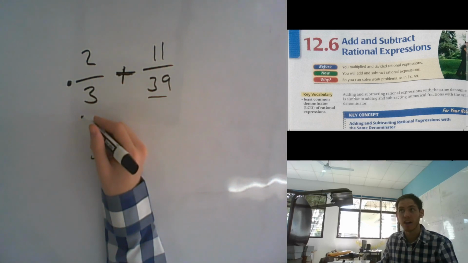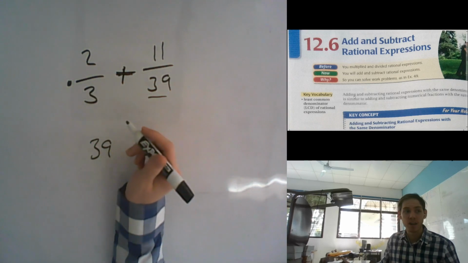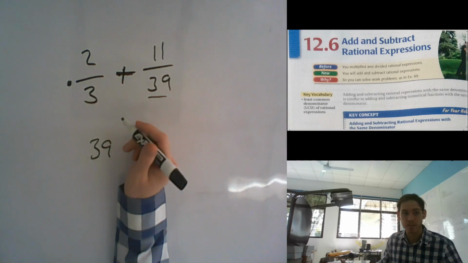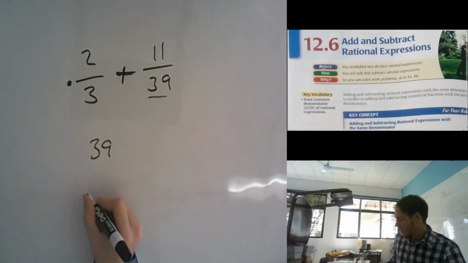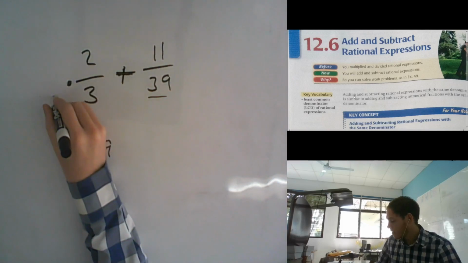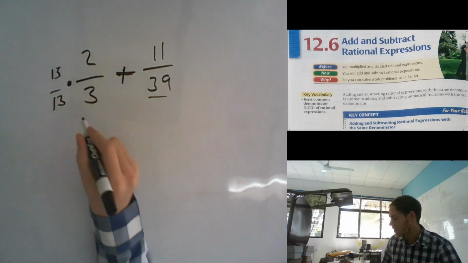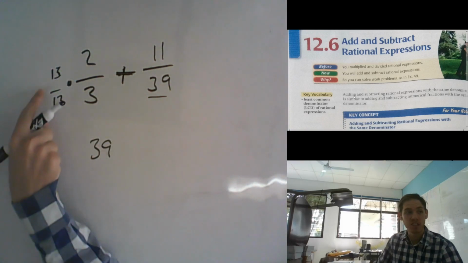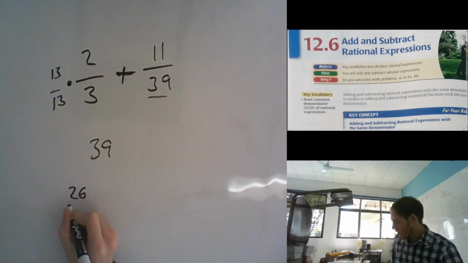So greatest product can keep getting bigger and bigger. Okay. We're not going to go with that one. So we need to see what 3 needs to multiply by, and that's 13. So we multiply 13 on top and bottom. 13 on top gives us 26.